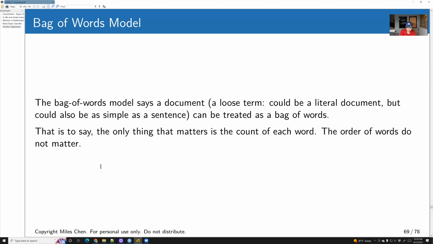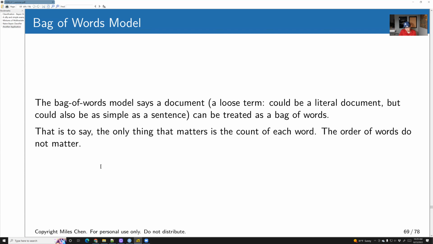Okay. Now, a bag of words, again, is a model, not a great model. Okay. The bag of words says any document can be treated as, you just take the words, and it's as if you lose the structure of the document. You're just looking at the words themselves and how many there are, right?